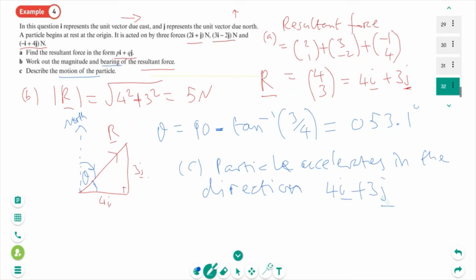So the acceleration is in this direction, and the particle is accelerating in that direction. Any questions?